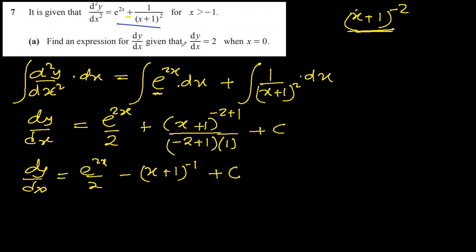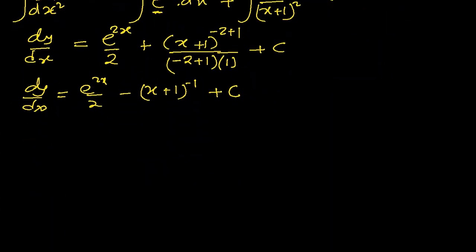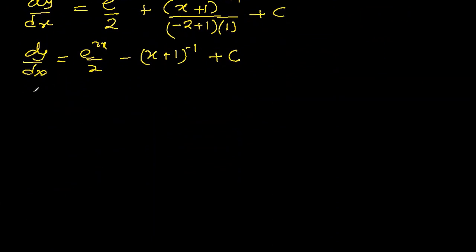Now they are saying that dy over dx is 2 when x is 0. That information is given to find c. So dy over dx is 2 when, e to the power 2x with x is 0, minus (0 plus 1) to the power minus 1, plus c.